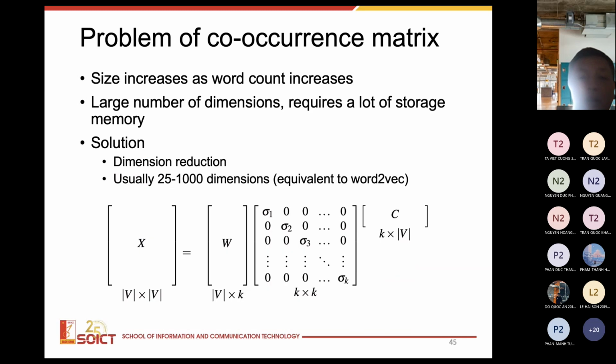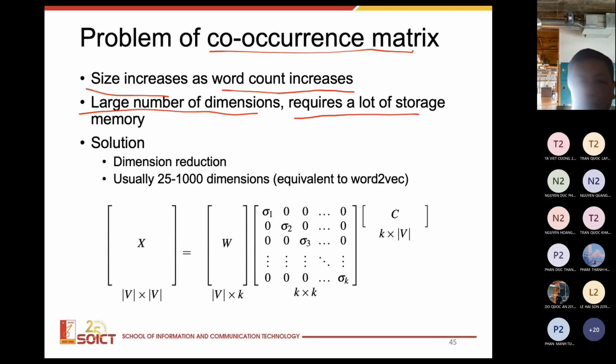But the co-occurrence matrix has some problems. The size of the matrix increases as the word count increases. If we have a large number of words, then we need a lot of memory to keep the co-occurrence matrix.